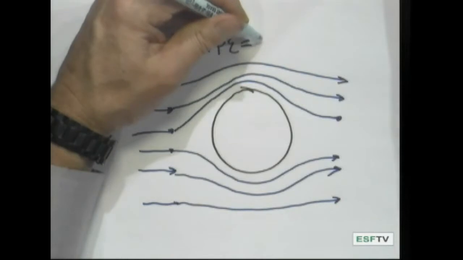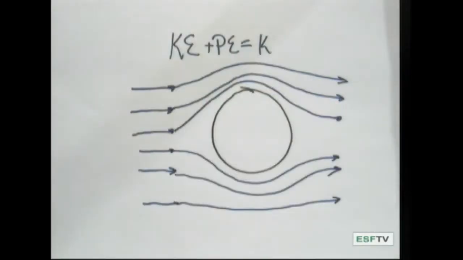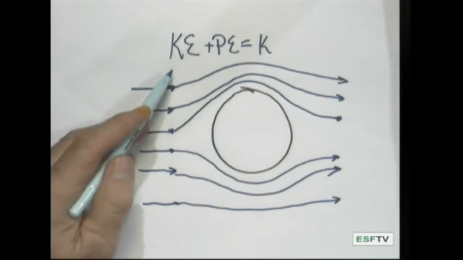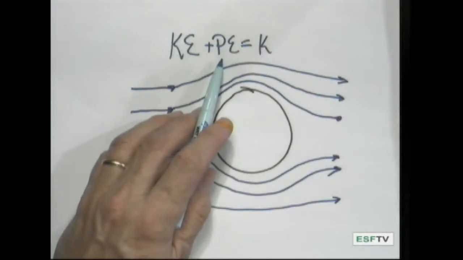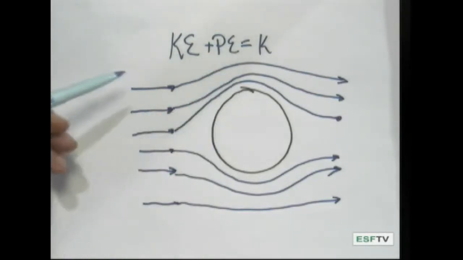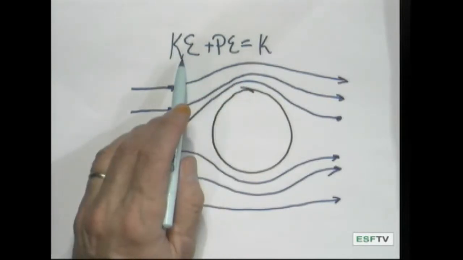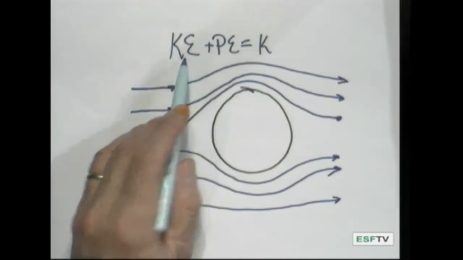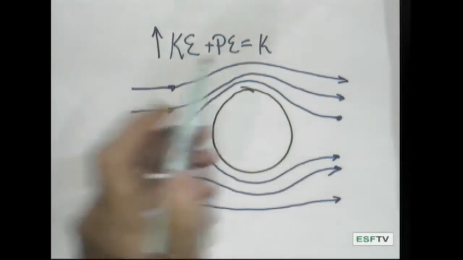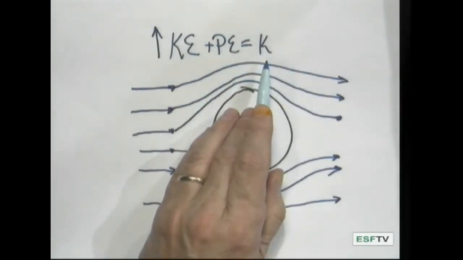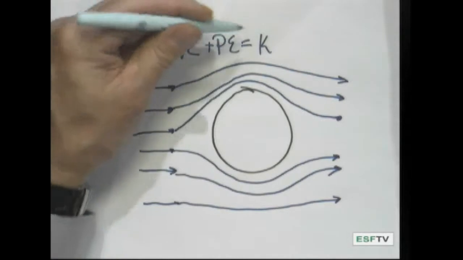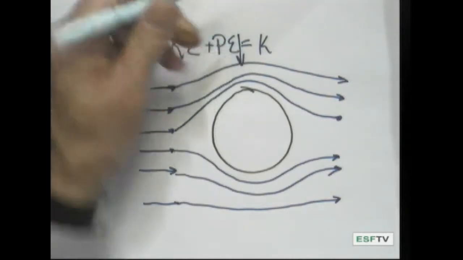According to the rule of conservation of energy, the total is always going to have to be a constant. Kinetic energy is proportional to the velocity squared. Potential energy is related to the pressure. When the fluid accelerates around the object, the velocity increases and the kinetic energy must go up. But the total has to be a constant, so as it accelerates around, that has to be balanced by a reduction of potential energy.